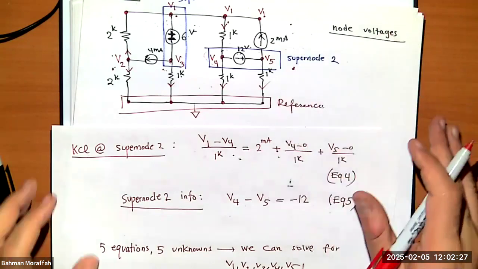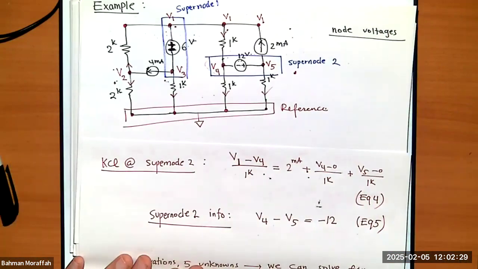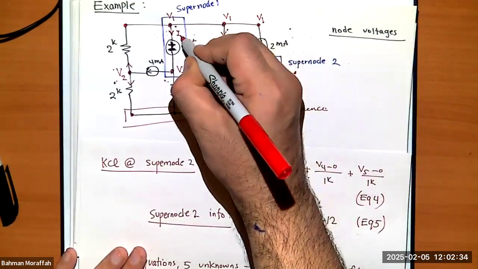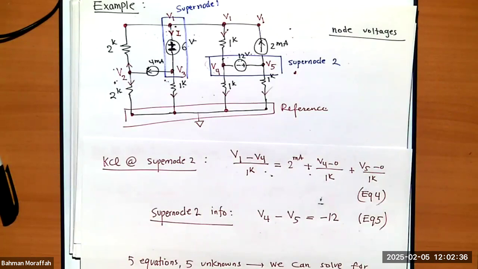For example, I can ask you what is current through here. Let's just call it I. I can ask you what I is.